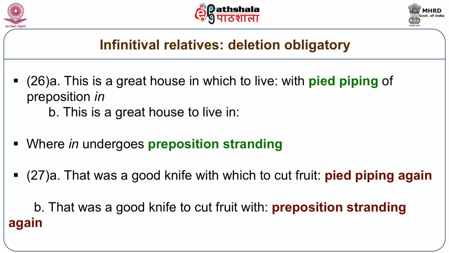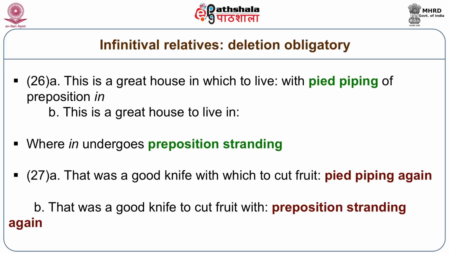So you get the output, a nice house to live in. When that happens, we speak of preposition stranding. The preposition in is left behind or stranded when the relative moves up. And in this case also gets deleted, but deletion is not essential for preposition stranding.